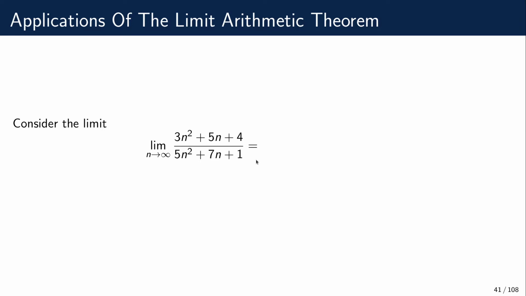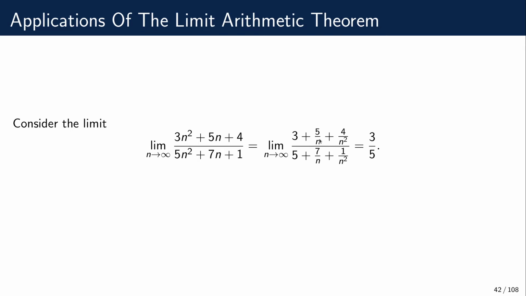So we use the limit arithmetic theorem. First of all, when we divide the numerator and the denominator by n squared, numerically it is just the same sequence, so nothing has changed. Now we have several applications of the limit arithmetic theorem. This 3 is a constant sequence, and therefore its limit exists and equals 3.